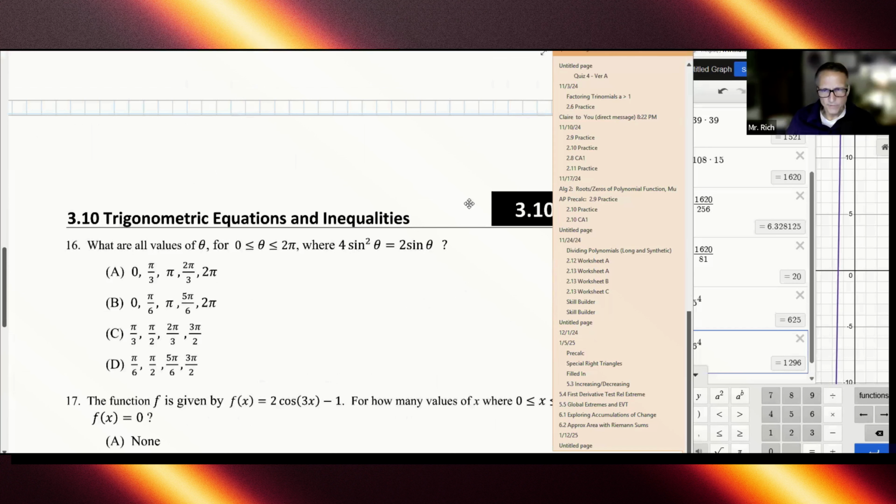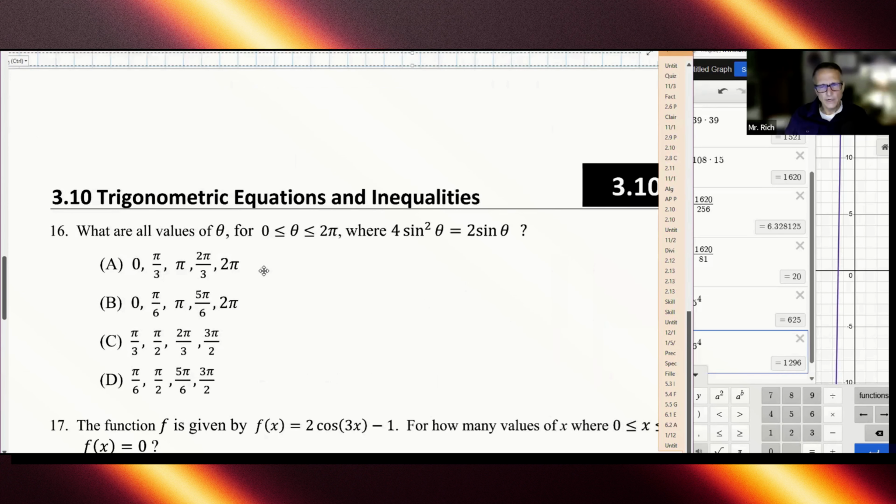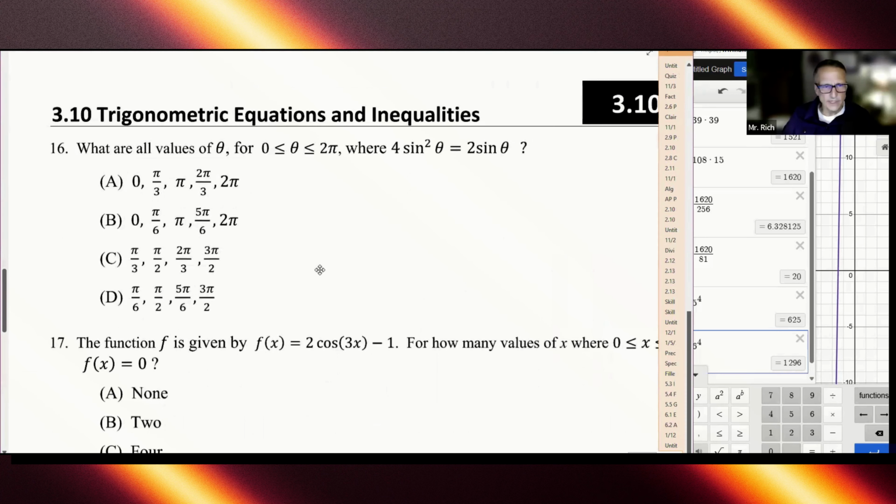All right, so this comes from 3.10, and this is AP Pre-Calc. And here is an equation. It says, what are all the values of theta between 0 and 2 pi, where 4 times sine squared theta equals 2 sine theta?